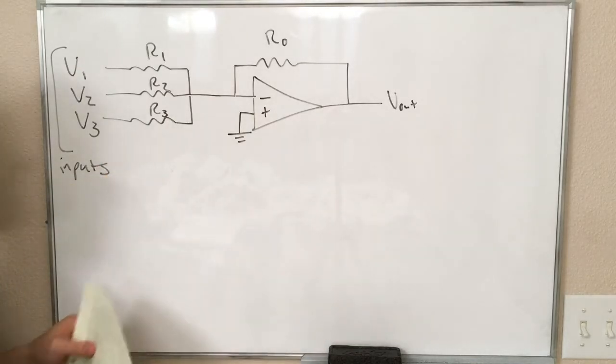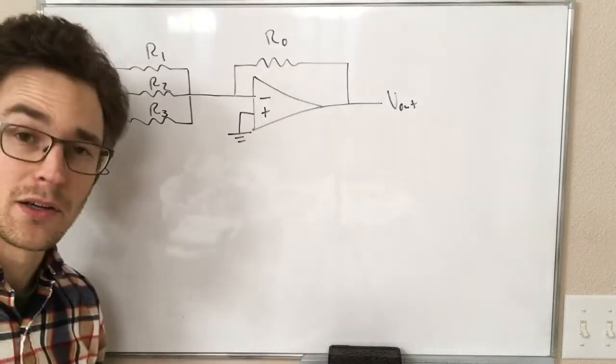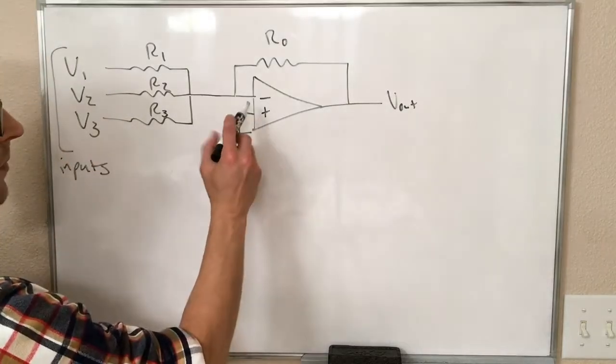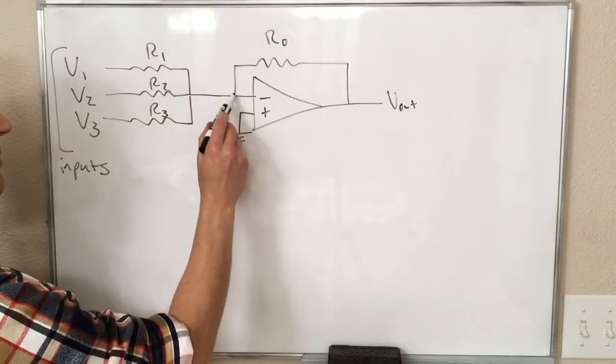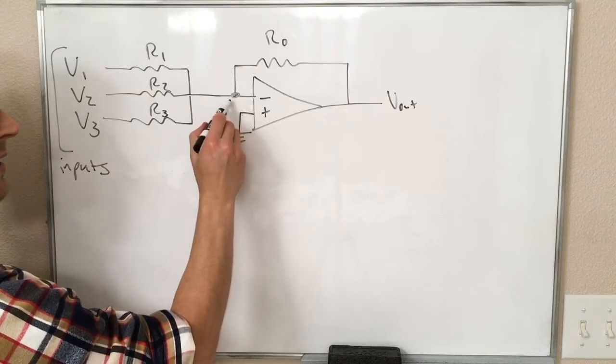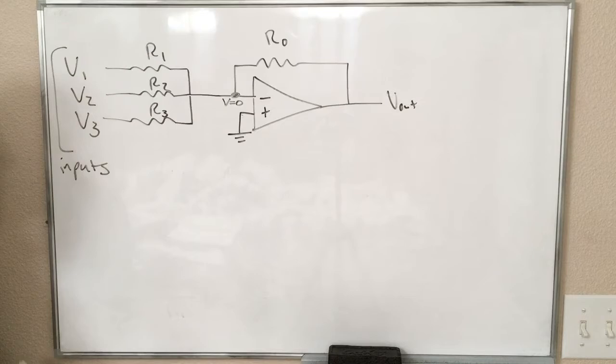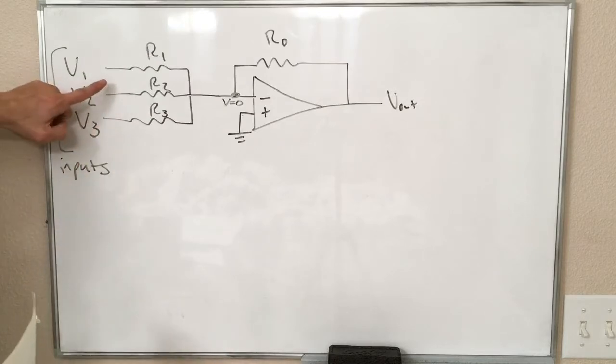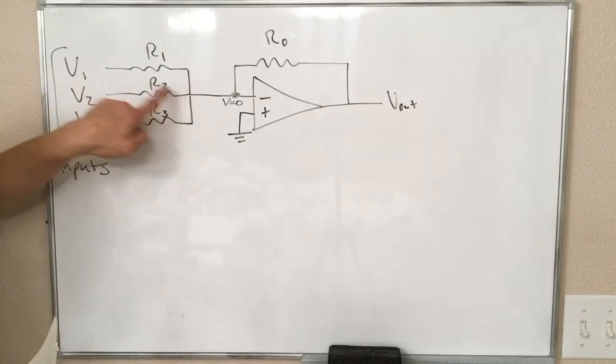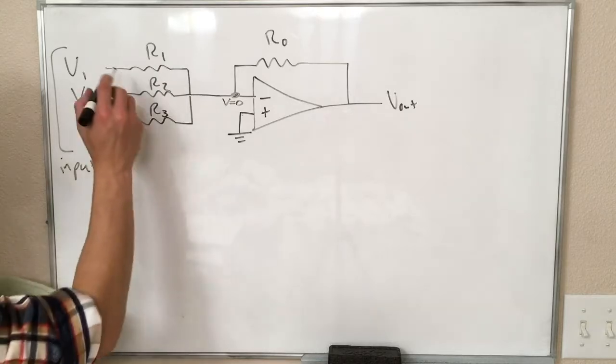Okay, so again, quick golden rules. The op-amp is going to try to keep these points the same, which means it's going to try to make this point equal to 0. And that means we can figure out what the current is through each of these pieces, right?